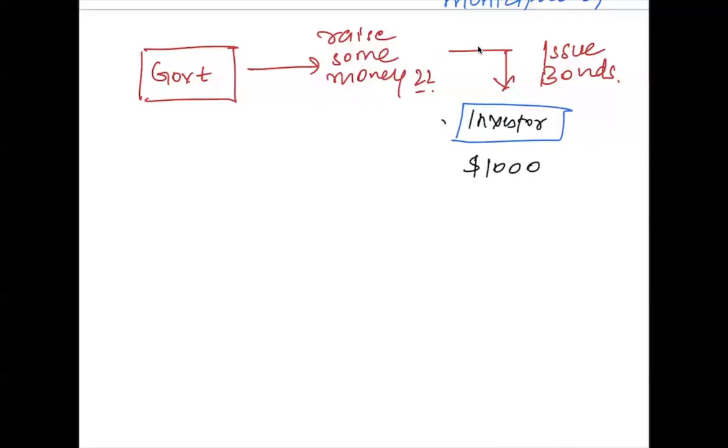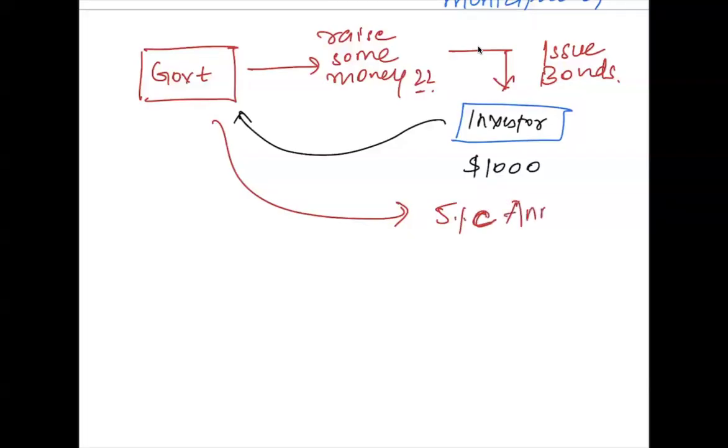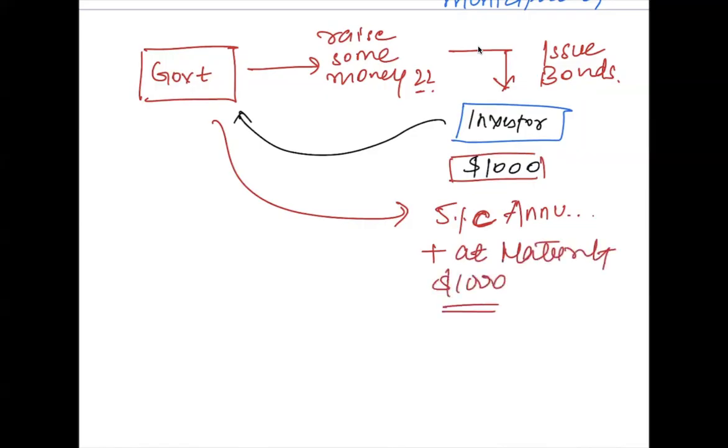In return, we'll get a 5% coupon annually, plus we'll get the $1,000 back at maturity.